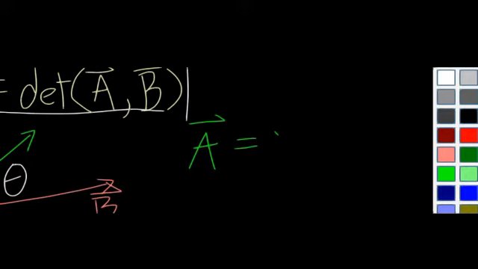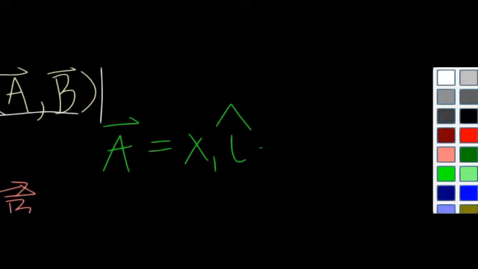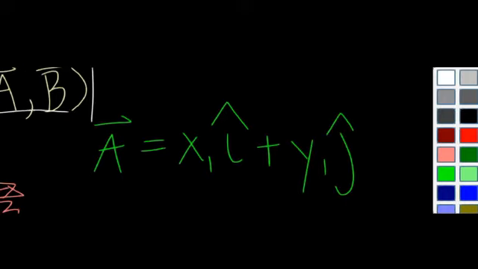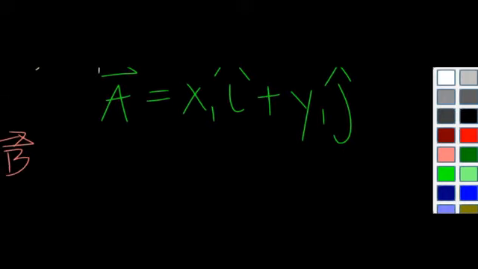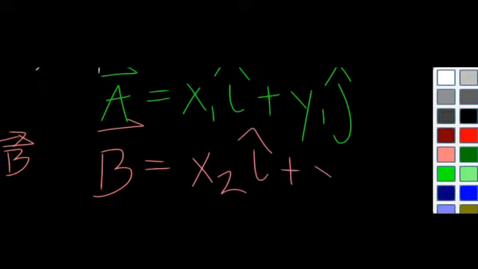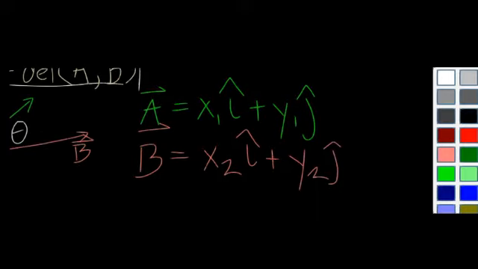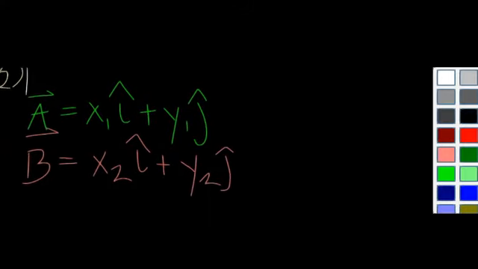Say we have x1 i hat plus y1 j hat, and vector B is x2 i hat plus y2 j hat. So how do we take the determinant of these two vectors?